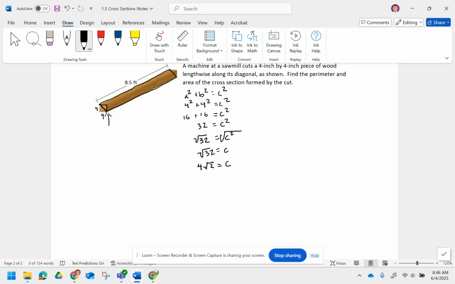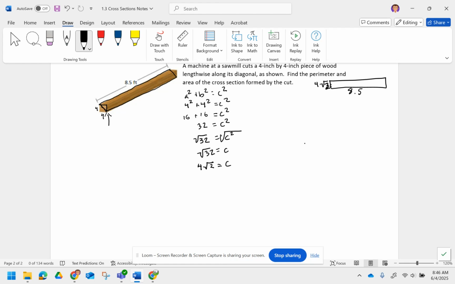Okay, so now I know the length of that diagonal. So my rectangle is going to be 4 square root 2 by 8.5.